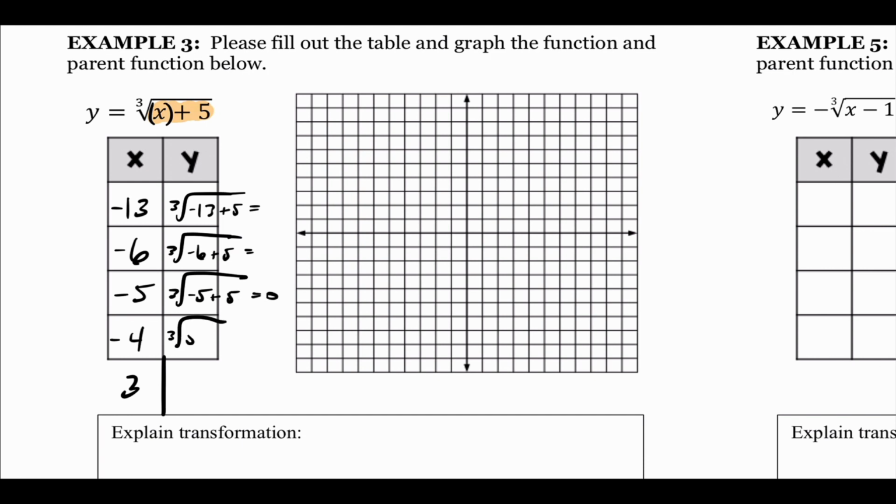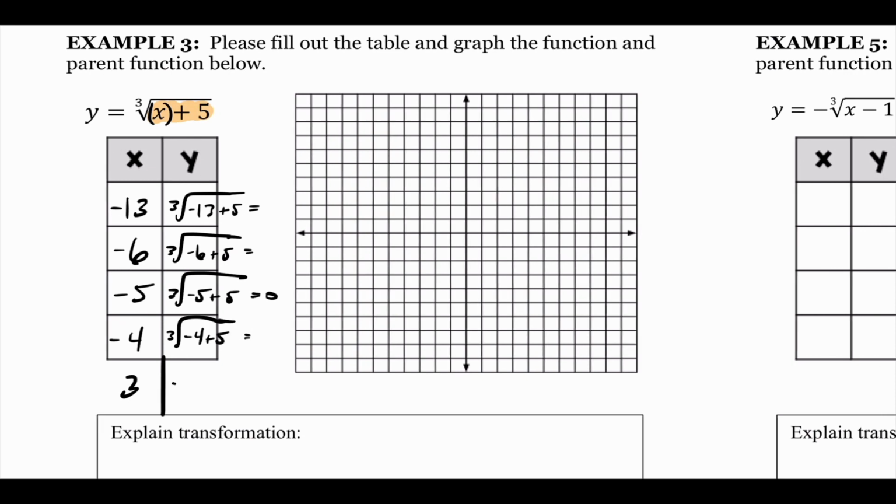Oops, -4. Okay, so I'm going to plug in those 5 things and see what I get, and that'll be my dots.